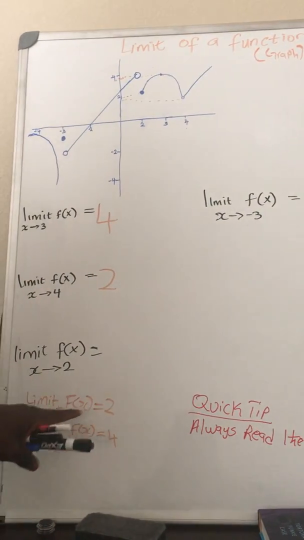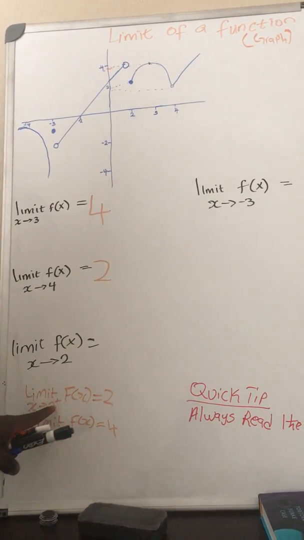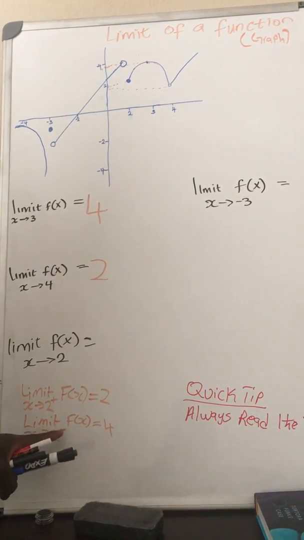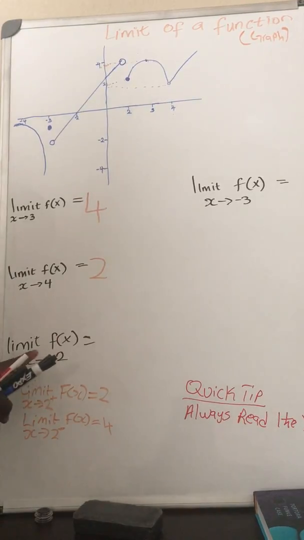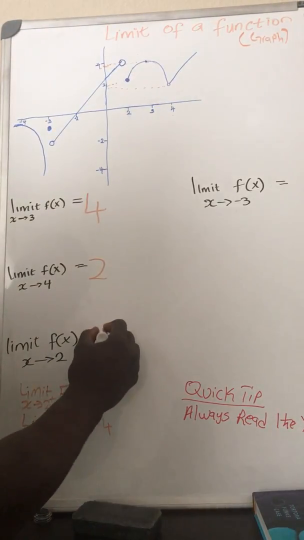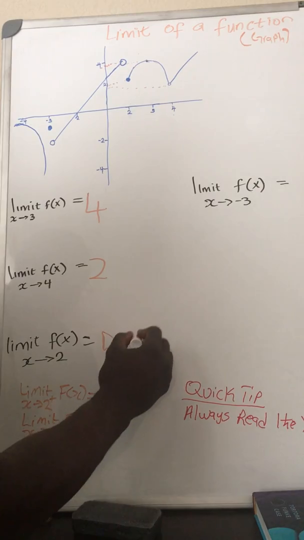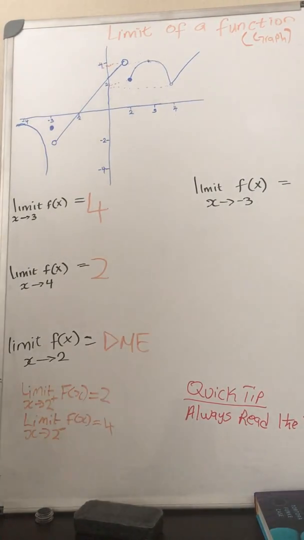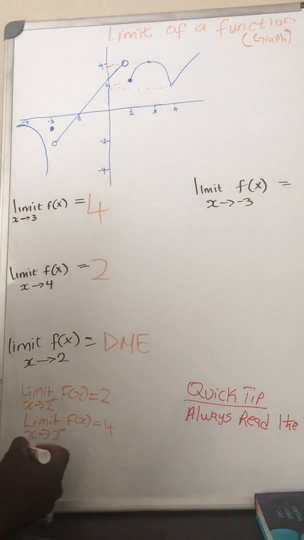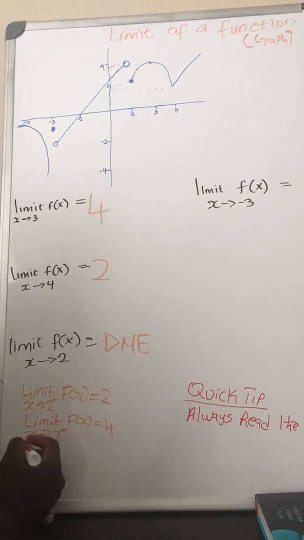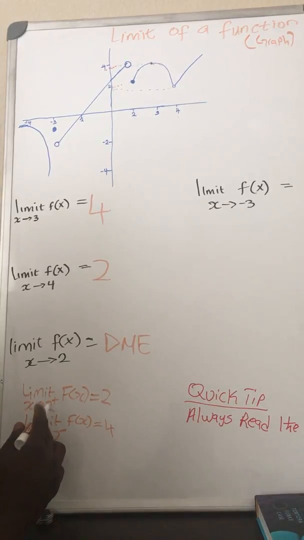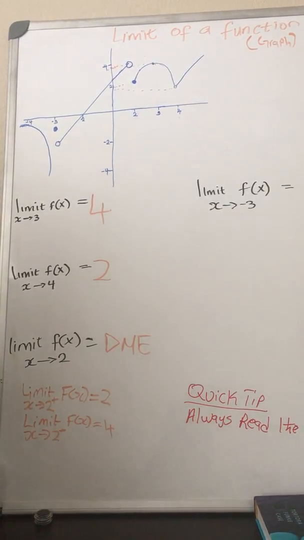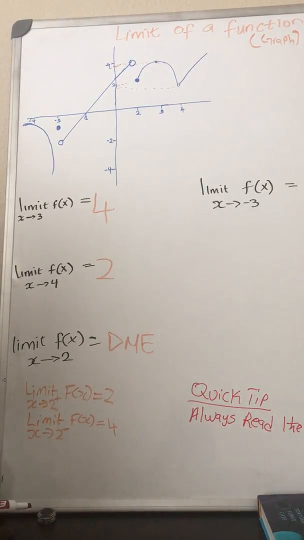Since the limit as x approaches 2 from the right is different from the limit as x approaches 2 from the left, the limit as x approaches 2 does not exist. DNE means does not exist. And this is the reason: the limit as x approaches 2 from the left is not equal to the limit as x approaches 2 from the right.